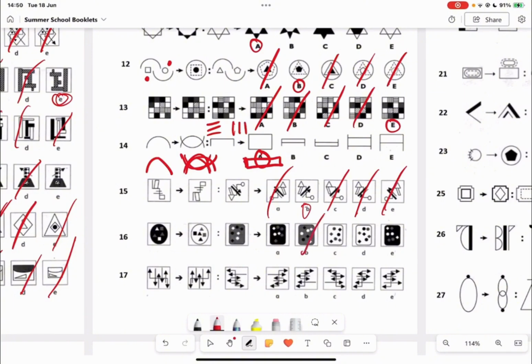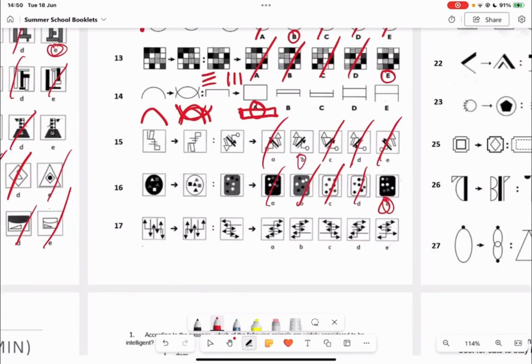So we can cross out B, C, and D. And now we can look at the shapes inside. So we can see that there's still 3 triangles and 2 squares. So we can still expect 3 circles and 4 diamonds, and that is only present in option E. So our answer will be E.